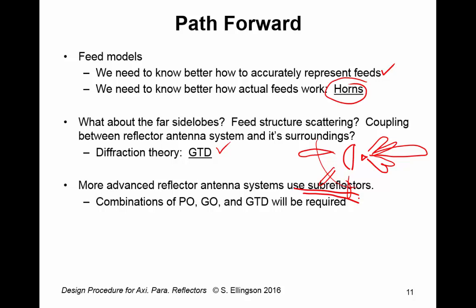There are other reasons to use subreflectors, but that's a big one. Now, to do subreflectors, we're going to need various combinations of physical optics, geometrical optics, and GTD. So another application of GTD will be to deal with this case where we have, say, subreflectors, and we have systems that do things like this, where the horn might be down here now.